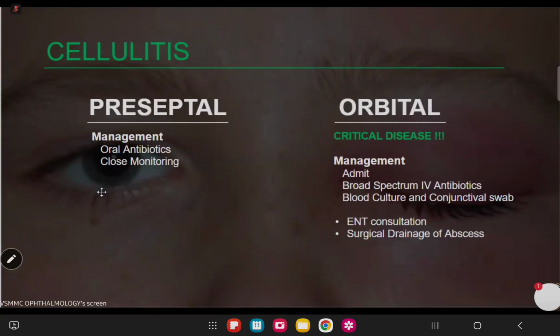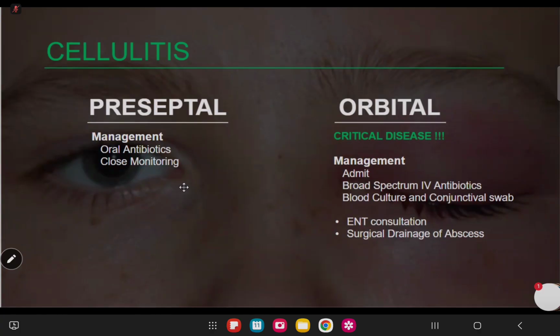Blood culture and conjunctival swab are also done during this admission as definite medical management is always a must for this condition. The most dreaded complication for this orbital cellulitis is death. So it is really considered a serious or critical disease.